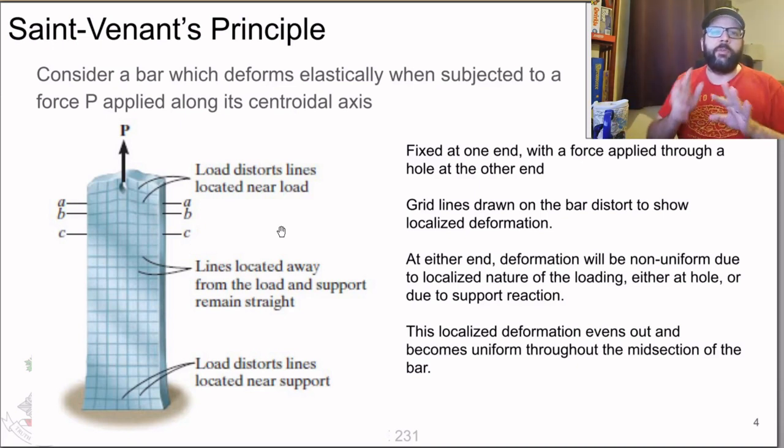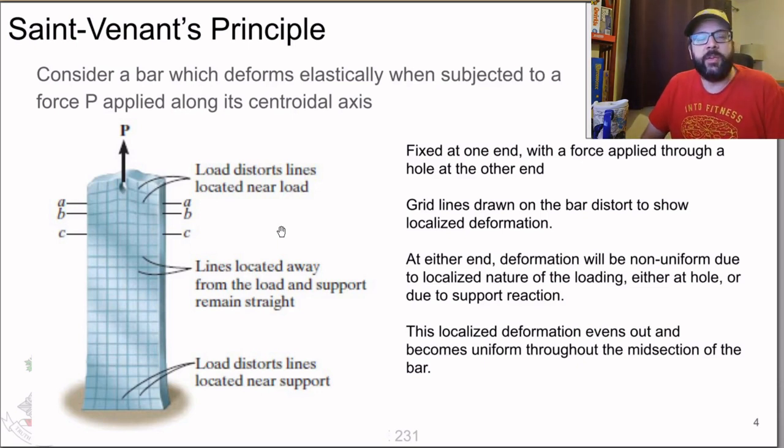So you're going to get more of an extreme stress concentration, whereas at the bottom there's still going to be some localized distortion. And that is essentially due to the fact that since the bar is fixed at the bottom, it can't contract due to the Poisson's ratio effect.